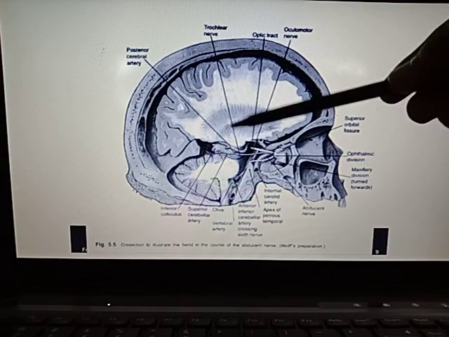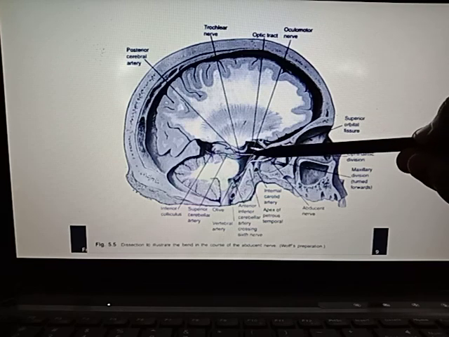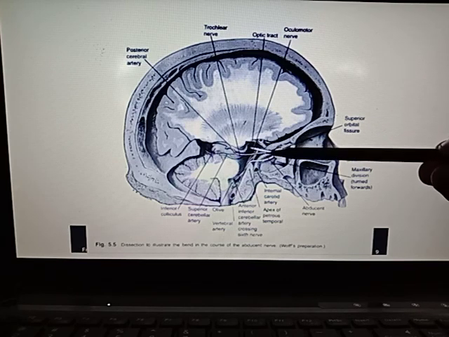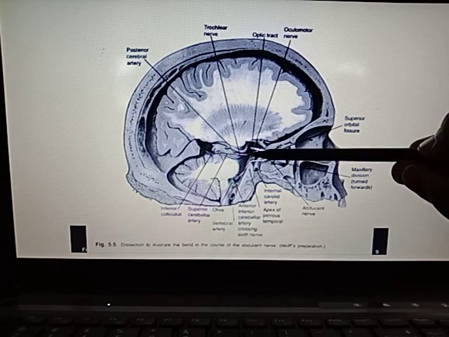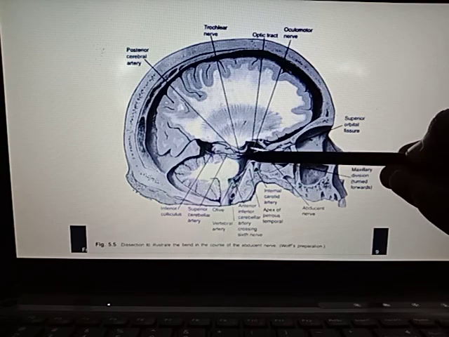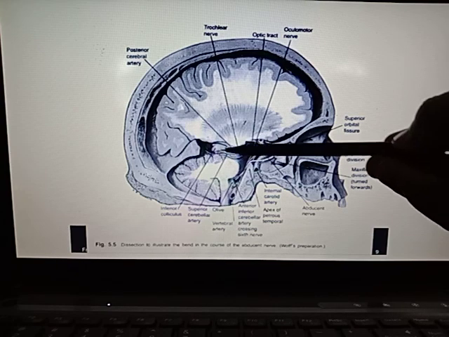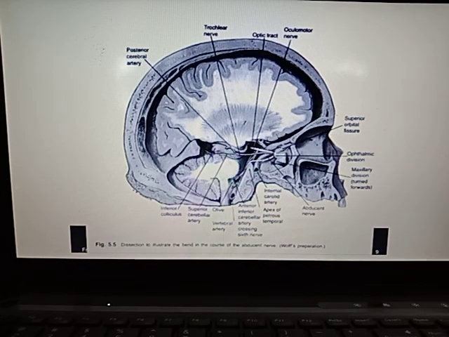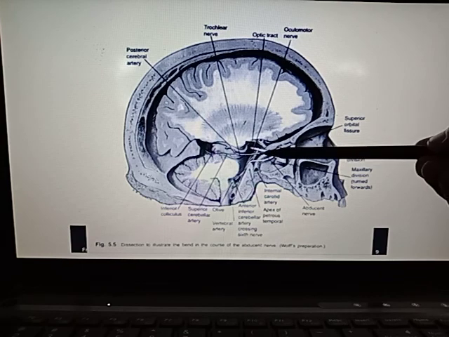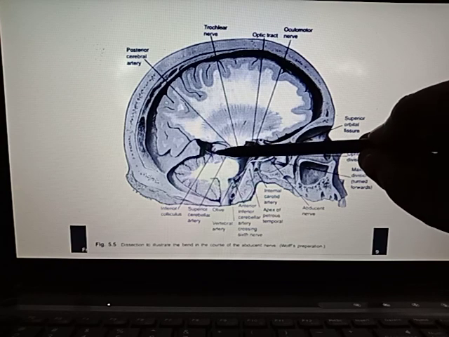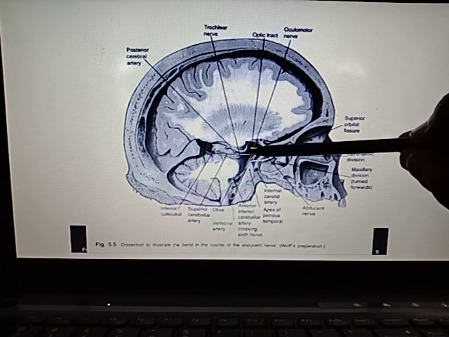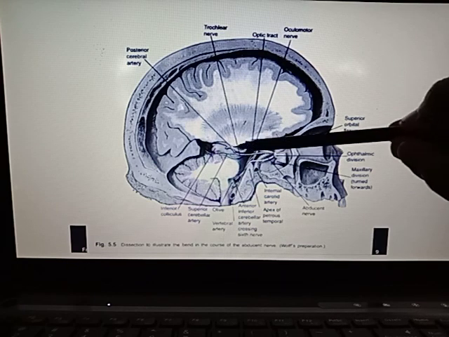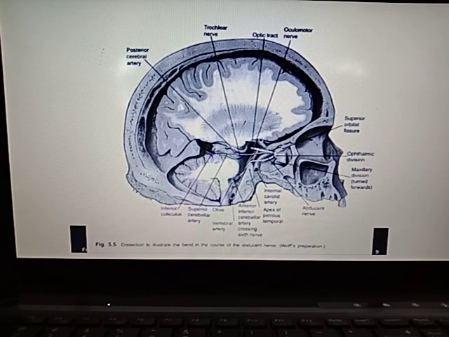In this picture, this part is the trochlear nerve. It comes out through this dorsal aspect and comes to the ventral side. It comes out on the dorsal aspect of the brainstem, then it turns around it and then goes to the orbit.